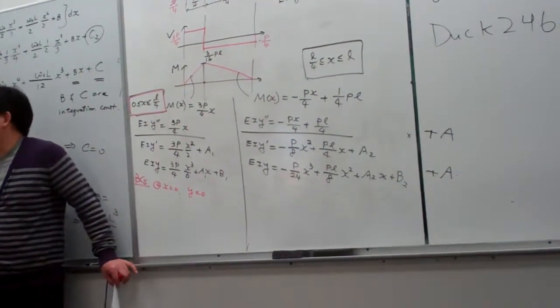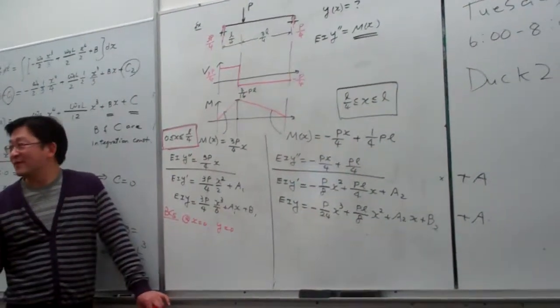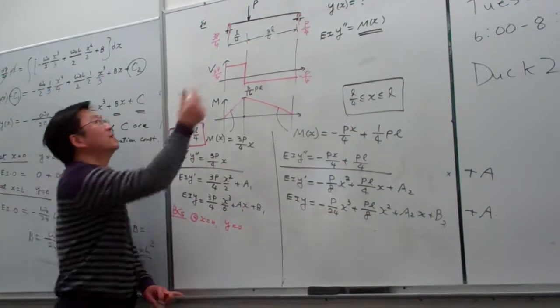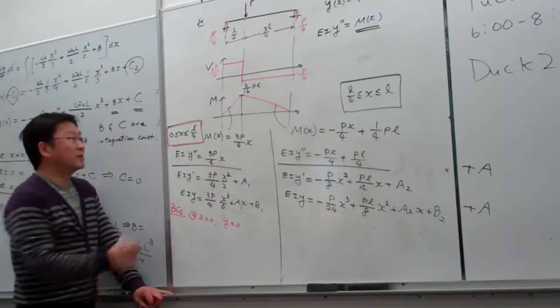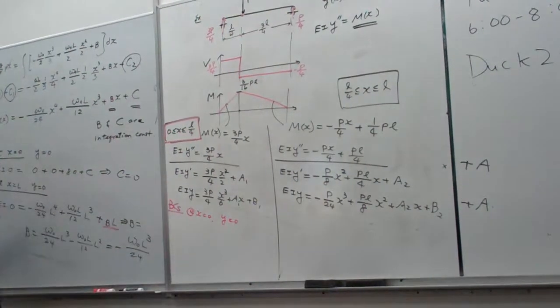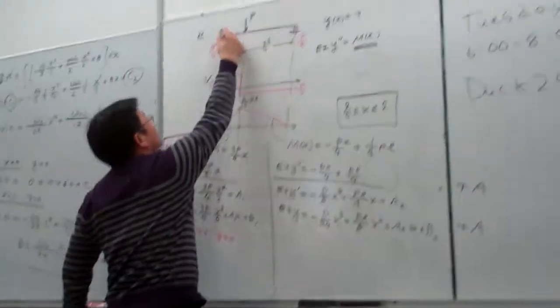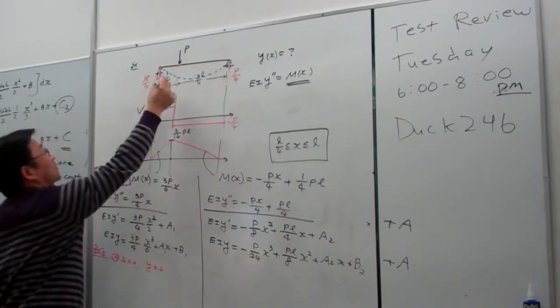How about the second one? We're looking at the position of the loading here. Let me draw the deflection here. I don't know the deflection, I just roughly draw it.